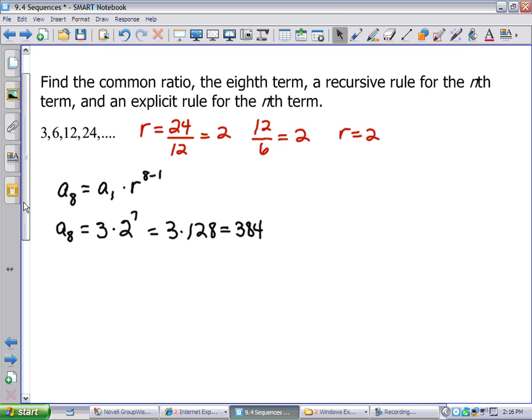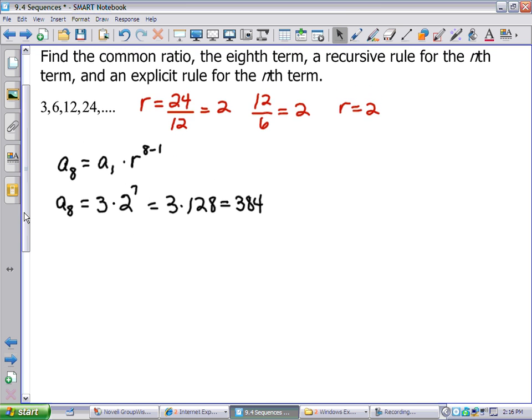Next I need to write a recursive rule. In order for me to write a recursive rule, I need to start off with my a sub 1. a sub 1, which is my first term, is 3.